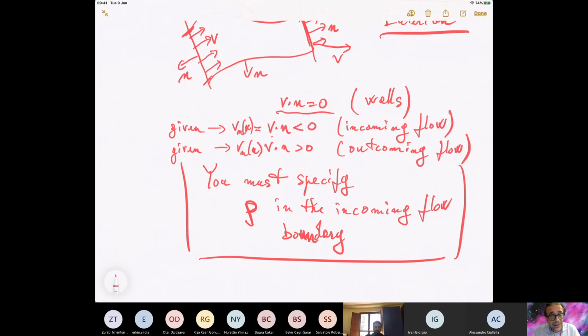On the other side, if you have a part of the boundary where you have assigned the outcoming flow, there the mass density is given by the evolution equations, the partial differential equations inside the body.